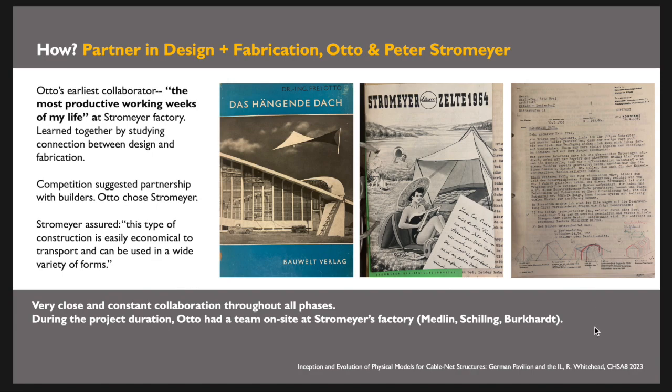So very close relationship that really allowed this thing to happen. It's such an important part of this and the construction of a tent that Otto's most trusted team members, Larry Medlin and Schilling and Burkhardt, were all then stationed at Strohmeyer's factory for a large portion of this competition.